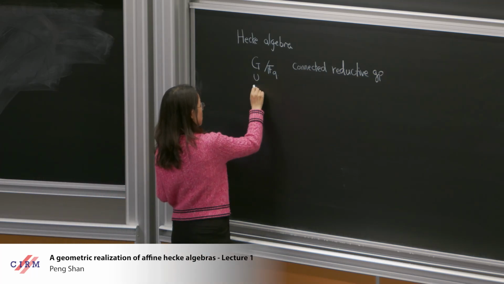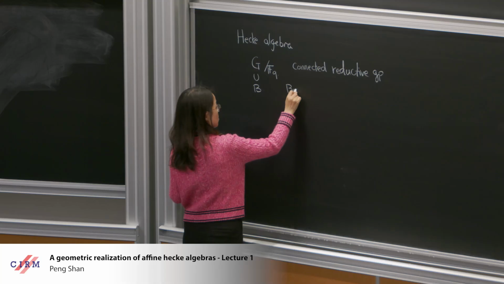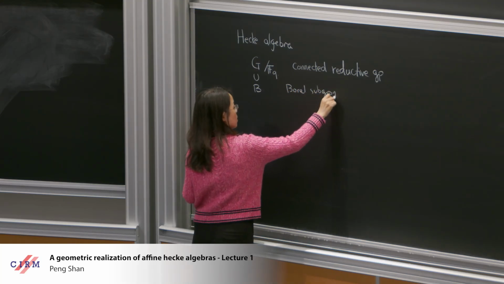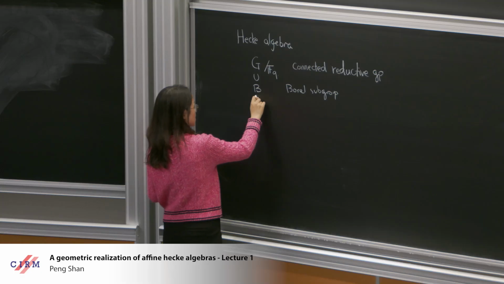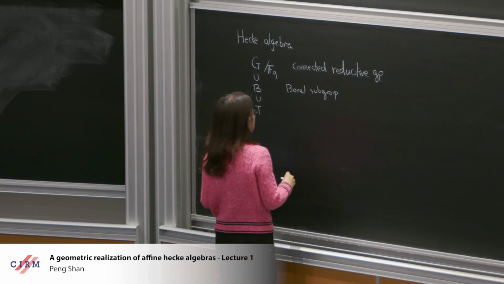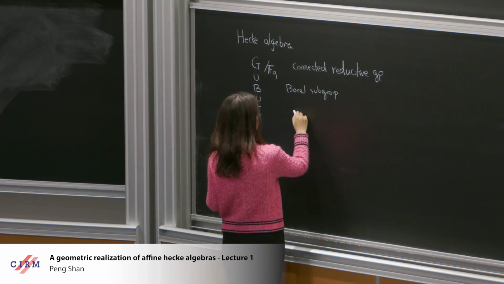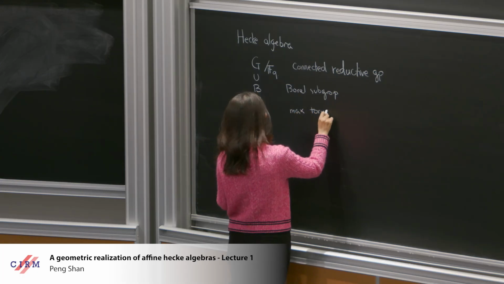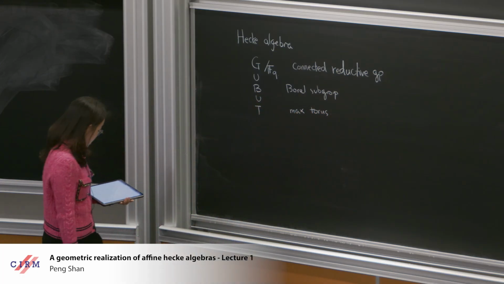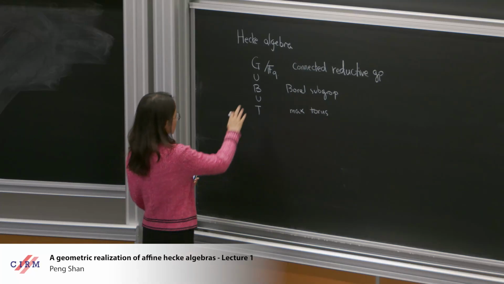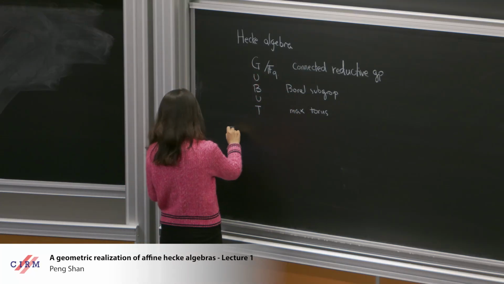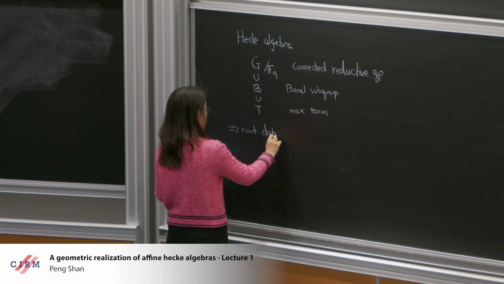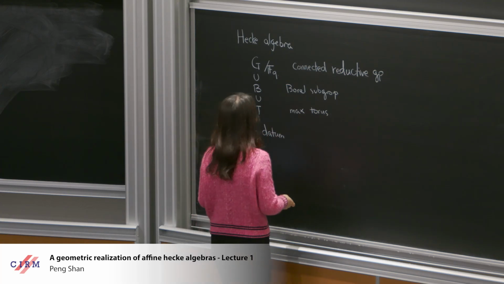Let's fix a Borel subgroup and T, a maximal torus. All these data give you some sort of root datum consisting of the following data.